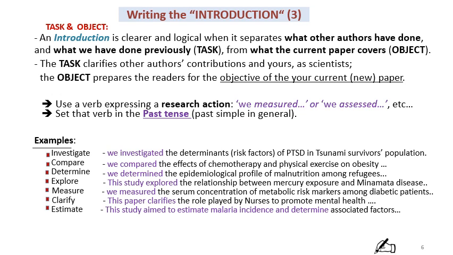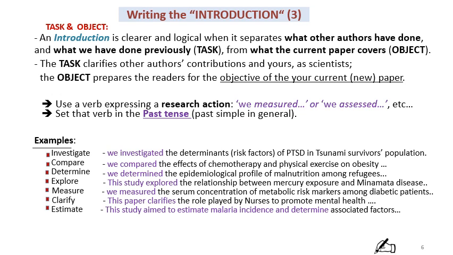An introduction is clear and logical when it separates what other authors, other researchers, have done in the past, what we as researchers have now done in our study, and what the current paper covers, meaning the objective of our study for which we are writing a paper.